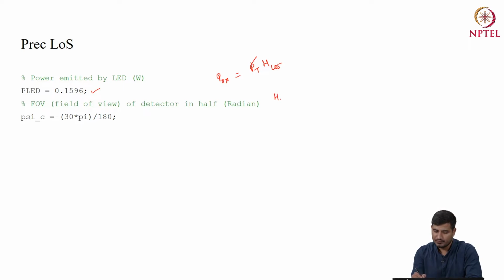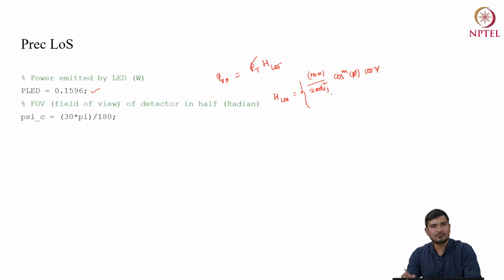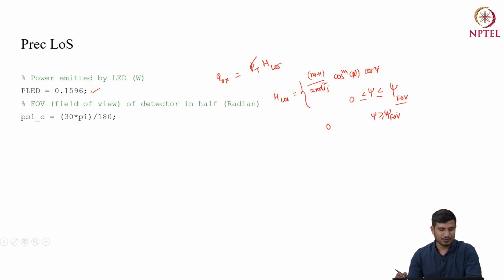As you know, this line of sight channel equation, (m plus 1) upon 2 pi d_ij square, cos^m phi, cos xi, is valid for the incidence angle which lies within the field of view of the receiver. If your psi angle is greater than the field of view, the channel gain will be 0. So we also need to specify the field of view of the PD.